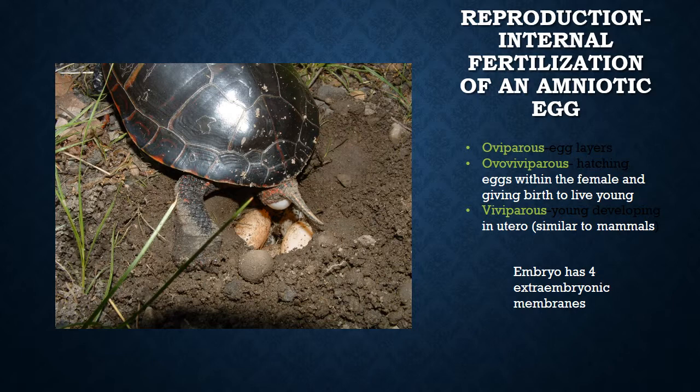So to be familiar with these, class Reptilia does show each of these. We have oviparous, ovoviviparous, and viviparous. Most of the time with our reptiles, we are going to be having oviparous.